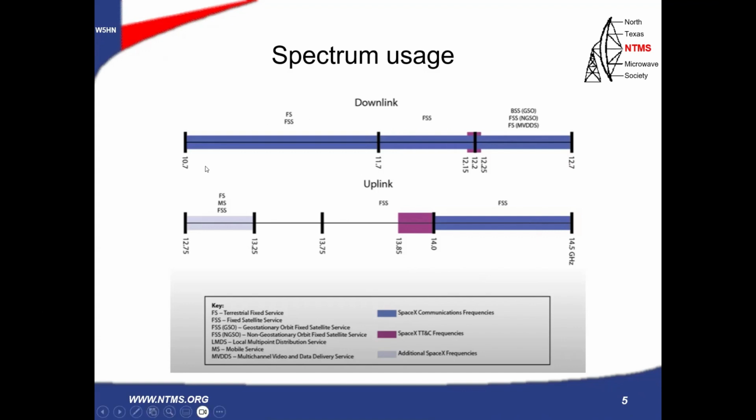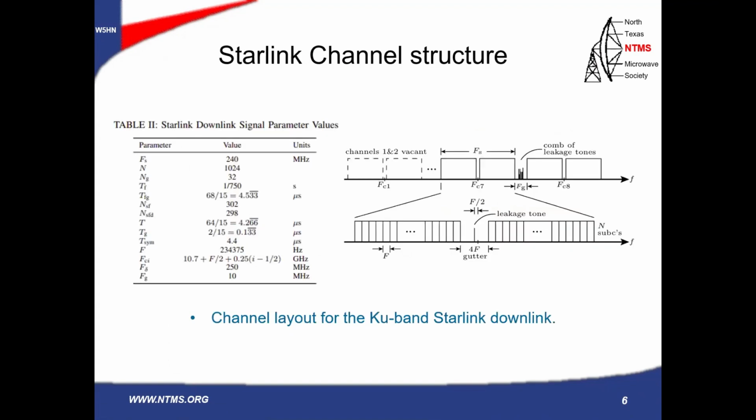It runs from 10.7 to 12.7, so 2 gigahertz of downlink data transmissions. Uplink's not really our concern, but there is the uplink data there.